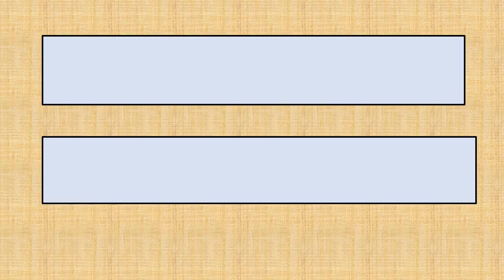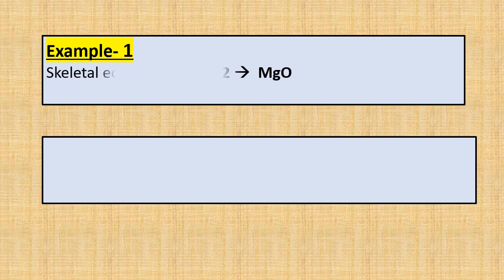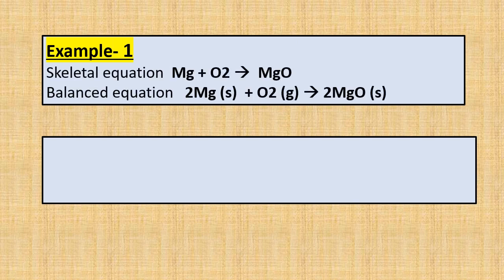Now look at example number 1. Magnesium reacts with oxygen to form magnesium oxide. So look at the first equation. In the first equation, Mg plus O2 gives MgO. In this equation, magnesium and oxygen participate in the chemical reaction, so these are called the reactants.